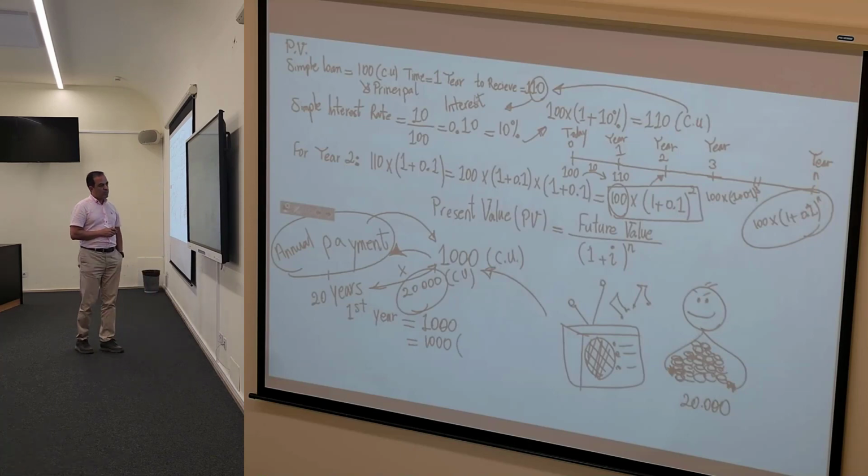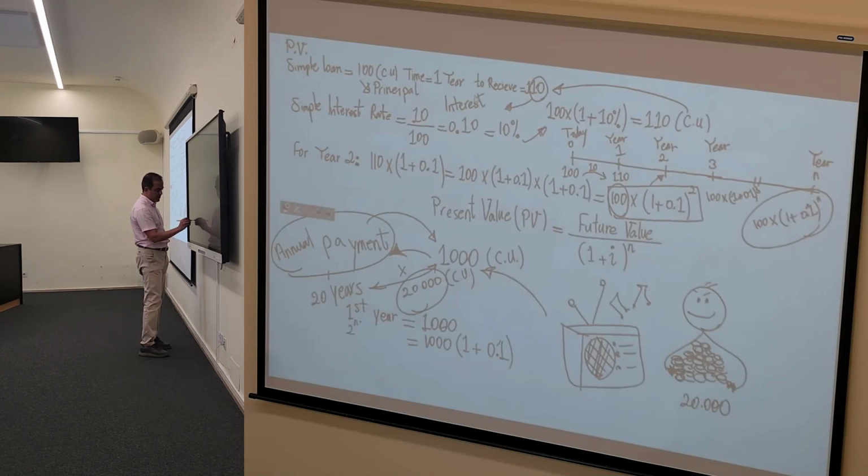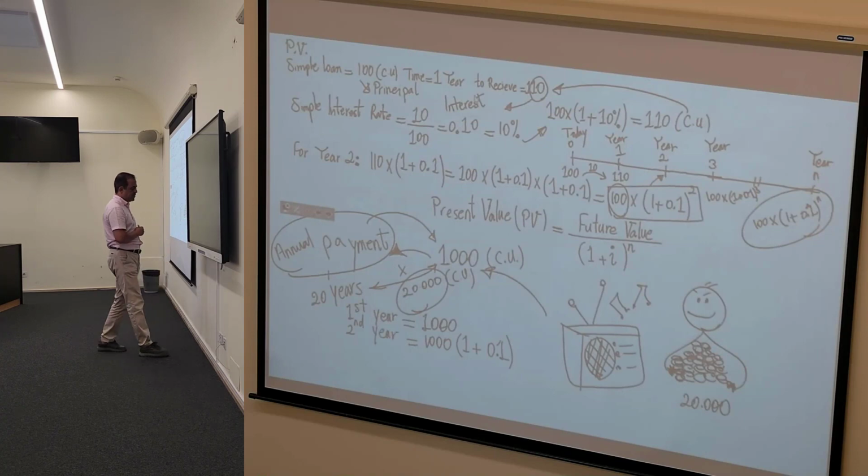And now we have to consider the present value with the interest rate. Let's imagine that the interest rate is 10%, so it would be 1,000 over 1 plus 10% for the second year.